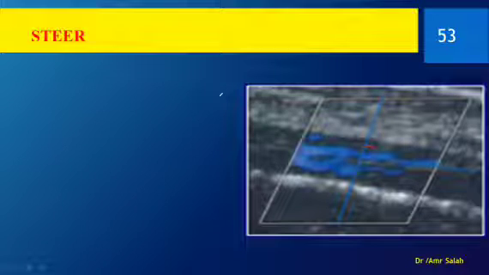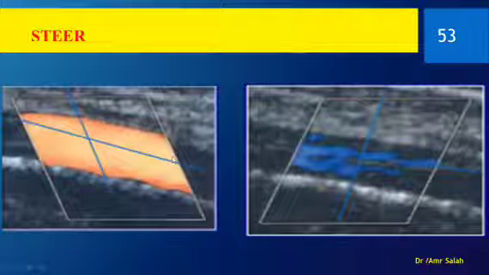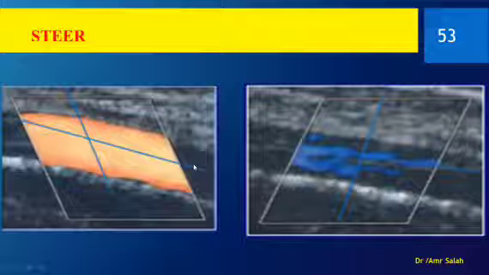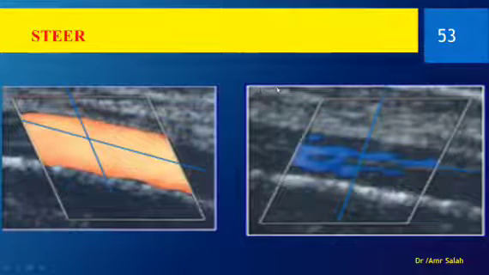So what we will do, we will move it here as such. Voila. So here the steering angle is more in continuity with the direction of the blood. It's not 90. So we have here the Doppler, we have here the color.